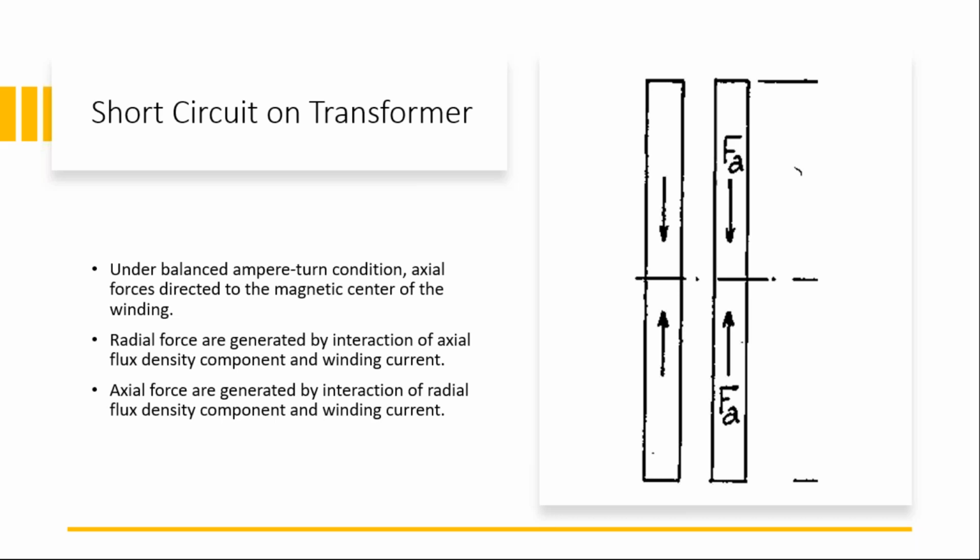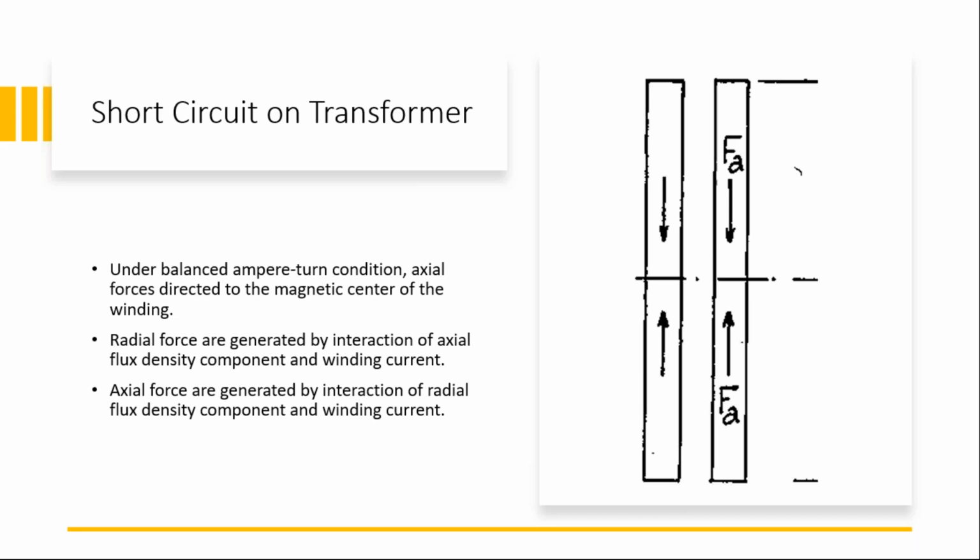But this is an ideal condition. But in reality, the axial forces will be going to the top or the bottom of any winding, and those have to be controlled and kept in place by our clamping system design.